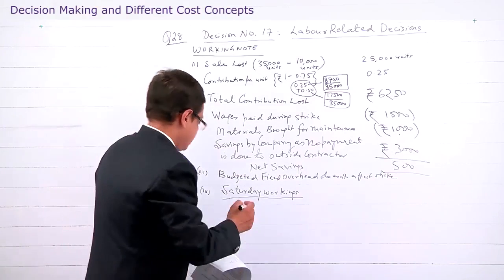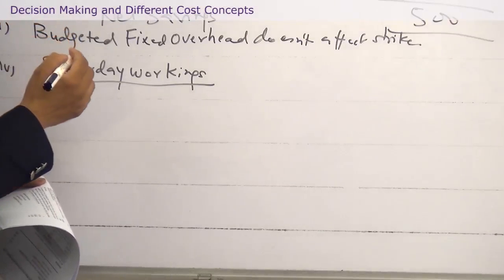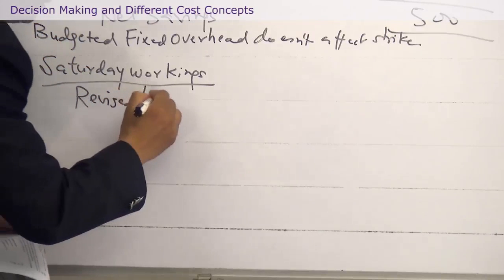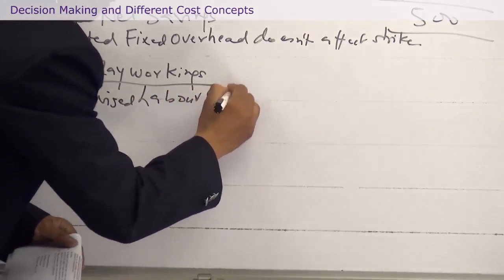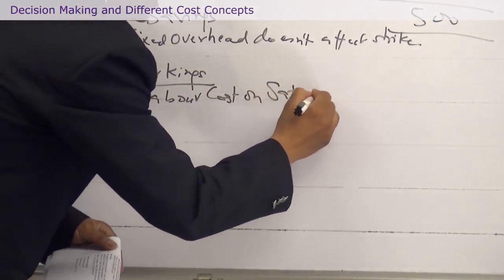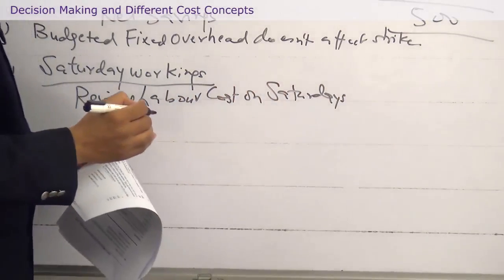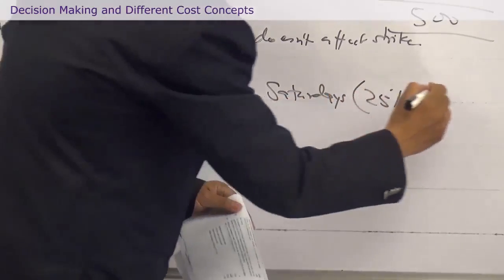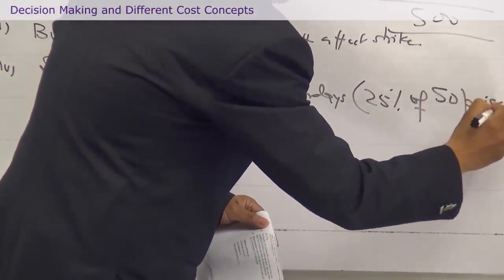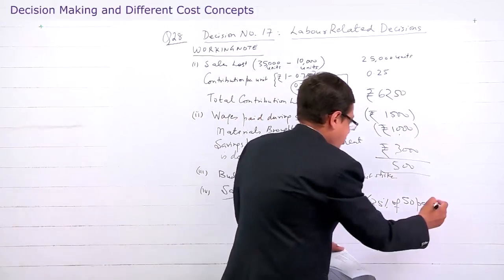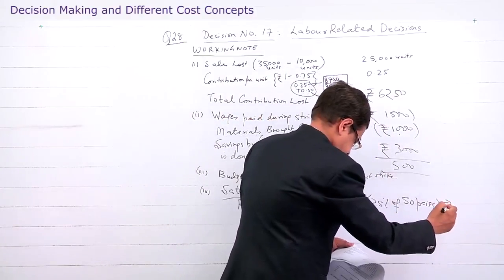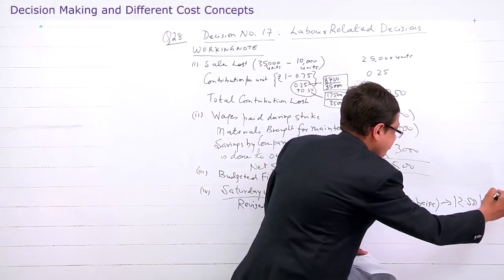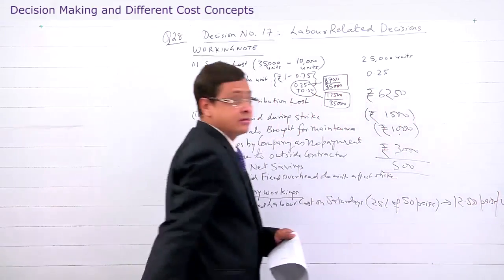That is, the revised labor cost on Saturdays is 25% of 50 paise. This we are talking per unit, or 12.50 paise per unit, right?